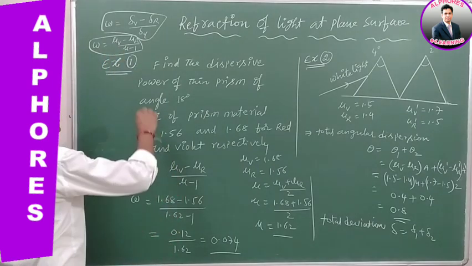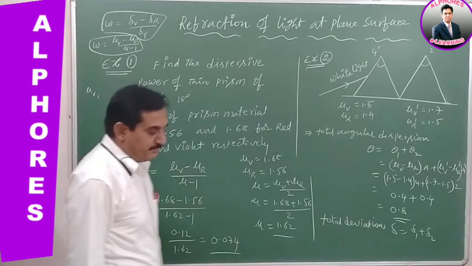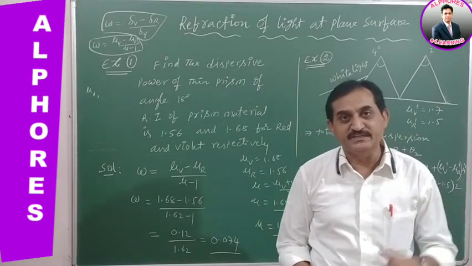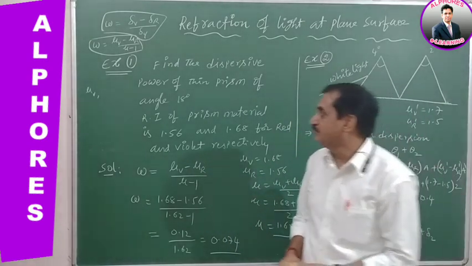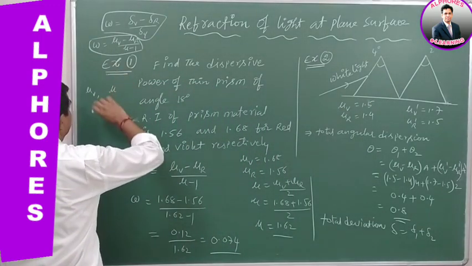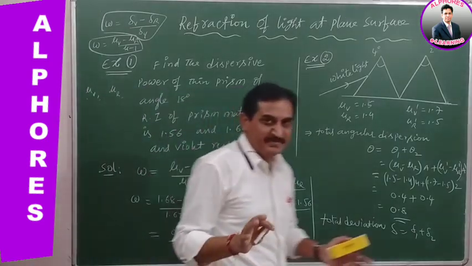Suppose in any problem, the refractive index of the material for violet color, mu V, and the refractive index for red color, mu R, are given, but the yellow one is not mentioned.